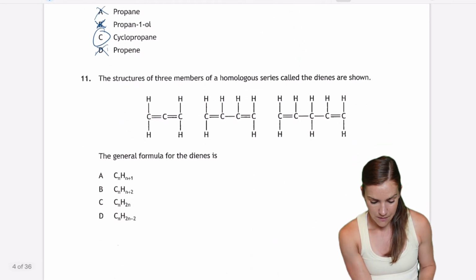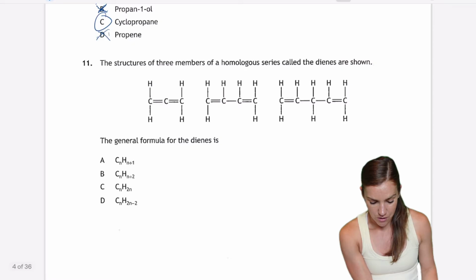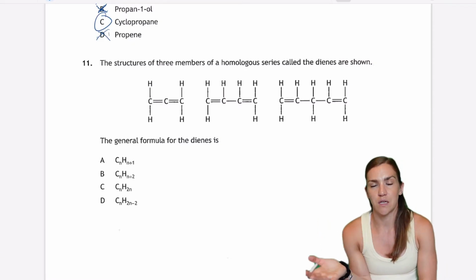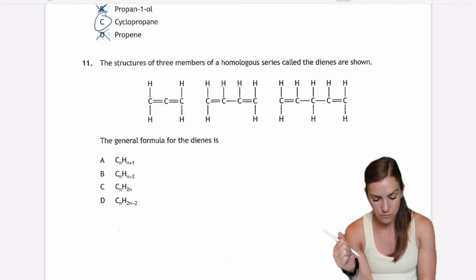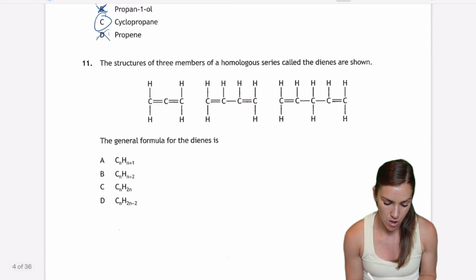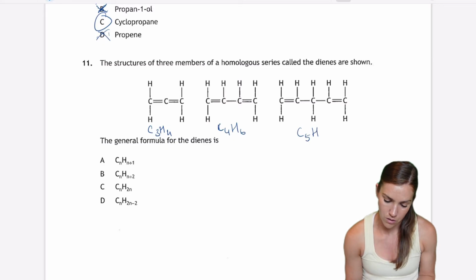So then question 11 is asking you to decide what the general formula should be. For these questions, and you'll sometimes get these in section 2 as well, you want to write down the molecular formula for the example molecules they've given you. So the first one is C3H4, and then we've got C4H6, and then we've got C5H8.